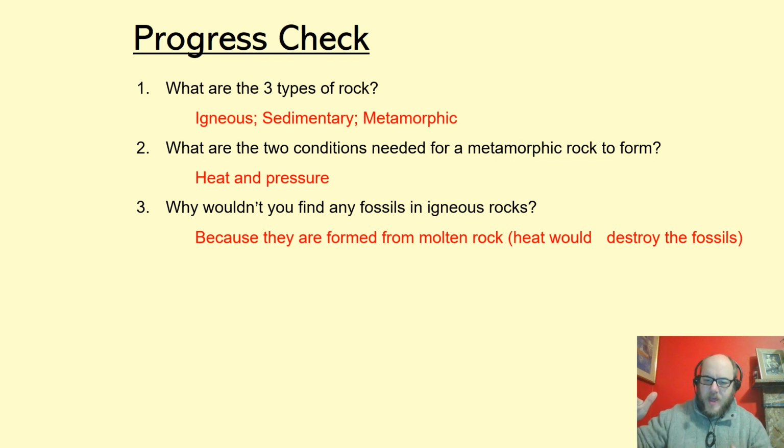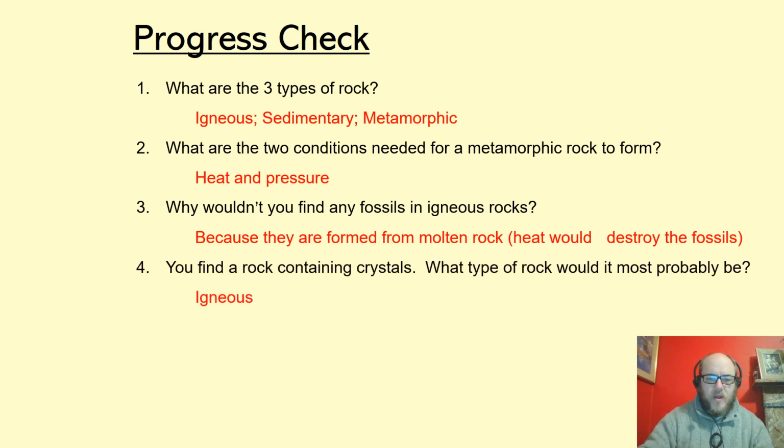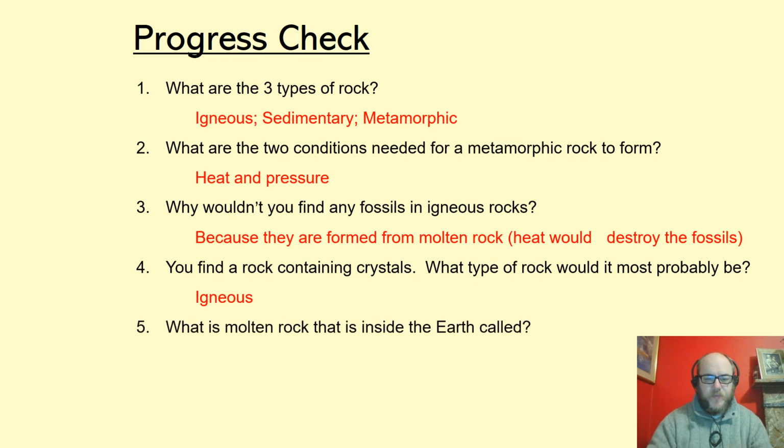The fossils tend to get trapped in the sedimentary rock, and the rock containing crystals is probably igneous rock, because this is formed by the hot magma or lava cooling either slowly over a long period of time to make big crystals or rapidly to make small crystals. What is molten rock that is inside the earth called? If it's inside the earth, remember, it is magma. If it's outside the earth, it is lava.